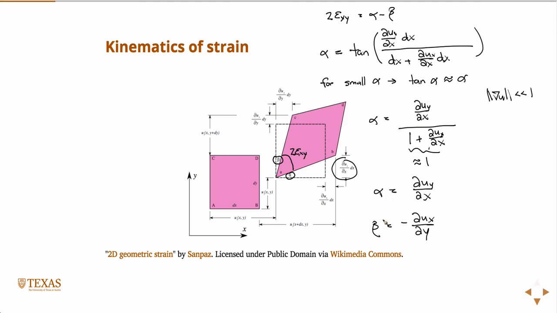And so then just plugging alpha and beta back into this equation, you get that 2 epsilon xy is equal to partial ux partial y plus partial uy partial x, or epsilon xy is equal to 1/2 of partial ux partial y plus partial uy partial x.